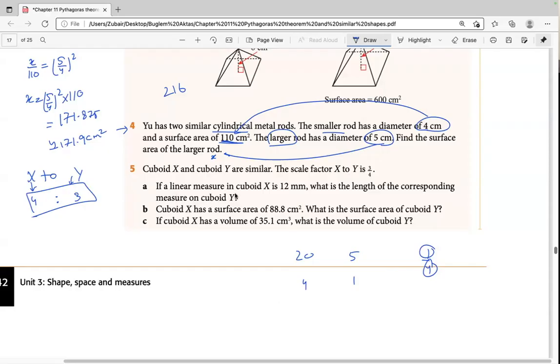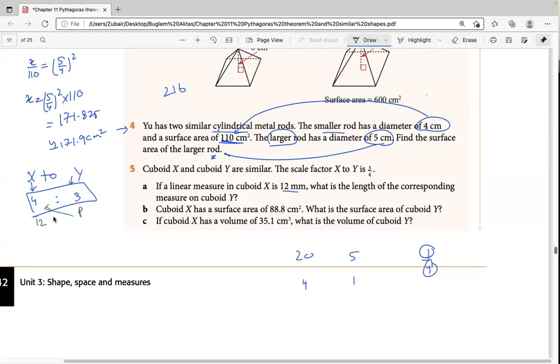So if a linear measure in cuboid X is 12 millimeters, what is the length of the corresponding measure on Y? Using the same ratios, may I write here 12 and X? I should use some other symbol. X is already displayed. Unknown P.